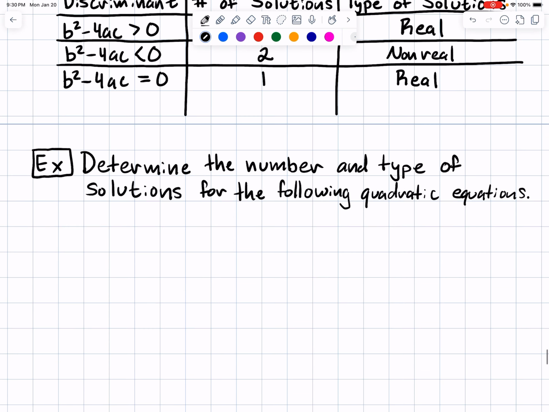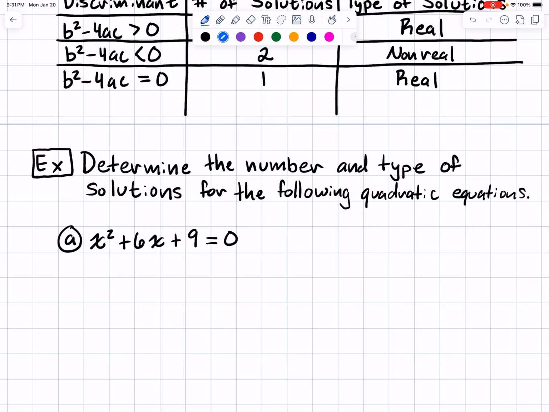Okay, part A. Part A is x squared plus 6x plus 9 equals 0.